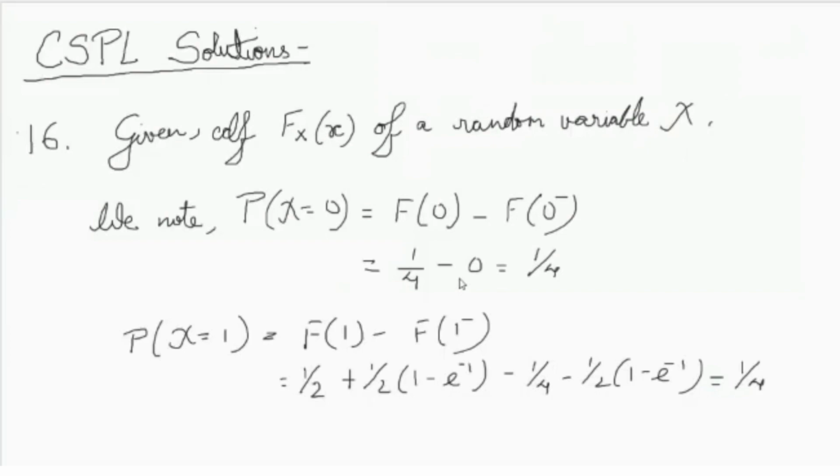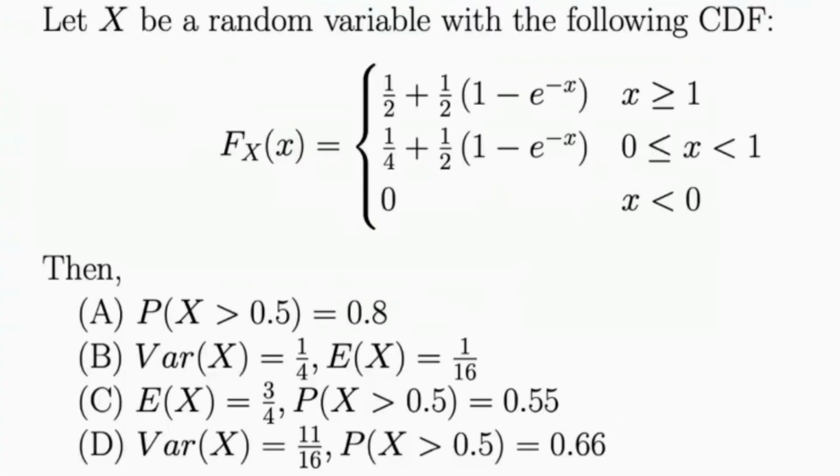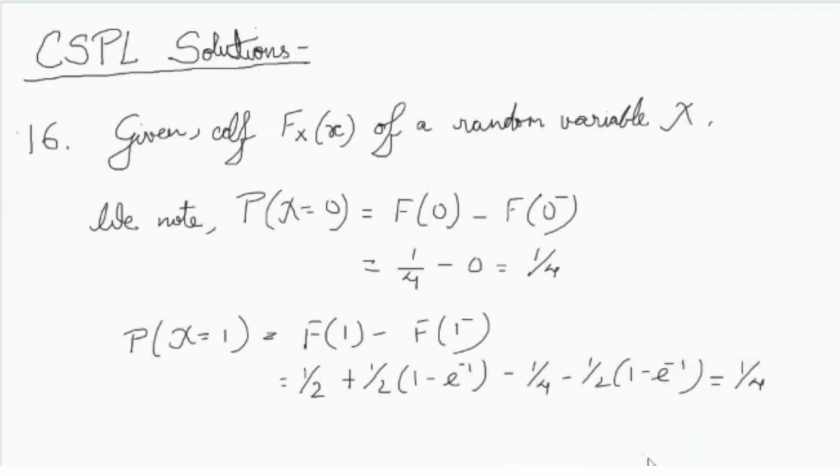I have just simply substituted x equal to 0 in these two values. Let me open the question once. Yeah, so F(0 minus) is 0 only, and F(0) is just 1/4 plus half into 1 minus e to the power minus 0, which is basically 1. So this part cancels out, and it's just 1/4. So probability X equal to 0 is 1/4 minus 0, which is 1/4.